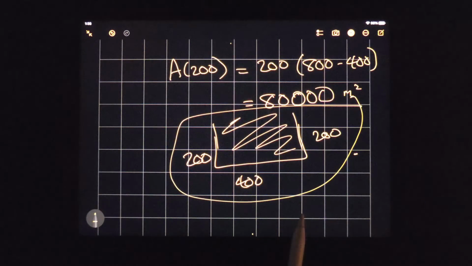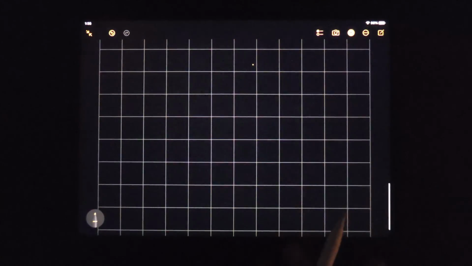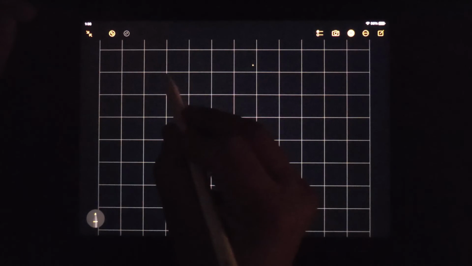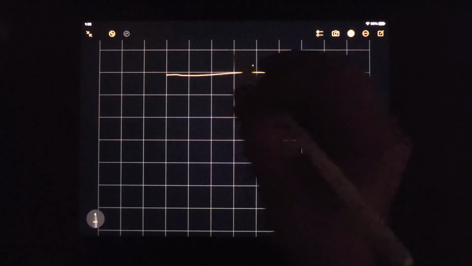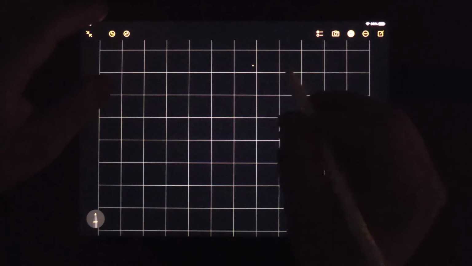So we can actually try a different one now. This might be harder to draw.